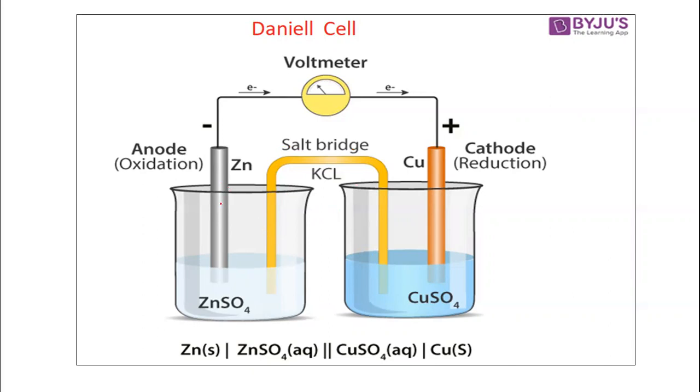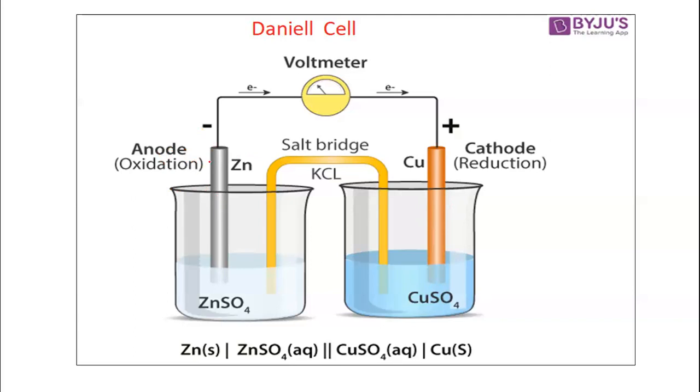Now in the Daniell cell, the zinc electrode acts as an anode, where the oxidation reaction takes place, and the copper electrode acts as a cathode, where the reduction reaction takes place.